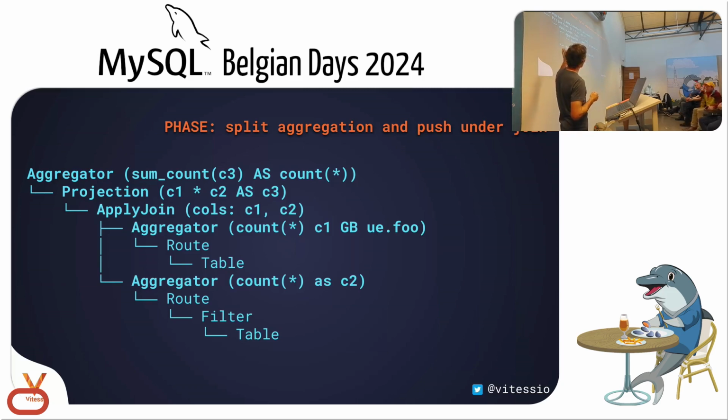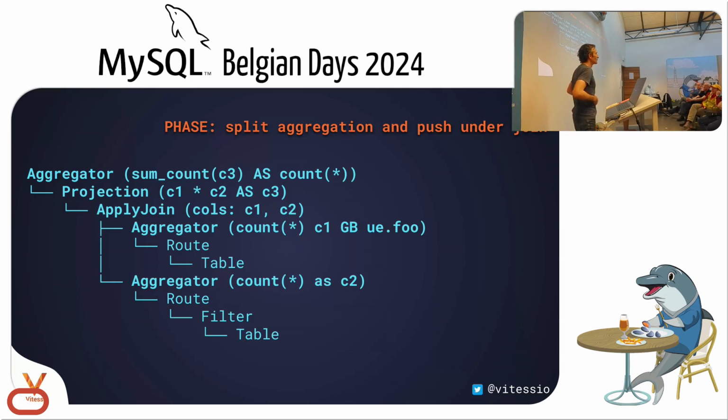So basically we're getting two columns with the count star from both sides, and then we're multiplying them together. Because we have many shards, it could be many of these multiplication results. So at the very top, we have a sum that sums everything together. And then we make it look like it's the count star that the user asked for.